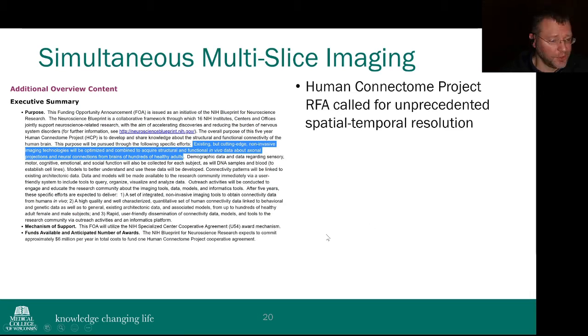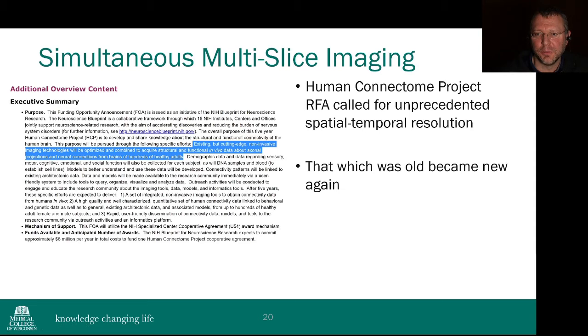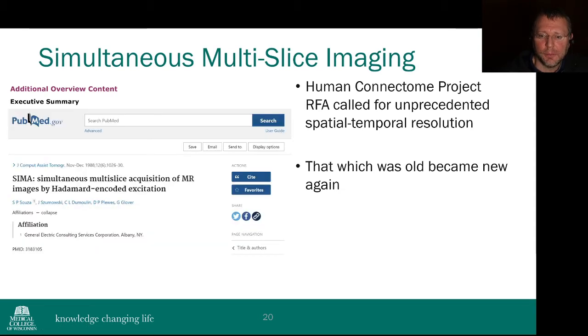But as it says there, existing but cutting-edge technology. Which takes us to everything that was old becomes new again. If you look back to the early days of MR, 1988, Gary Glover and folks over at GE, no, actually ASL in New York, were looking at this idea of acquiring multiple slices of the object that we're imaging simultaneously.